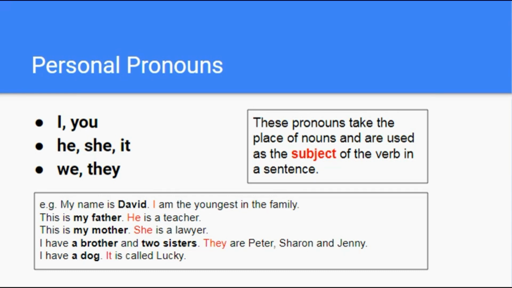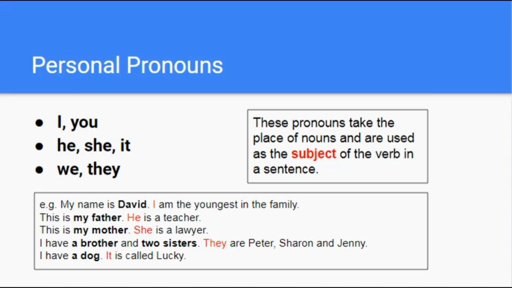Or you can say, this is my mother, she is a lawyer. So you don't have to repeat the words my father in the next sentence. You use the pronoun he. Similarly, you say, this is my mother, she is a lawyer. You don't say, this is my mother, my mother is a lawyer. You don't repeat the words my mother again in the next sentence.